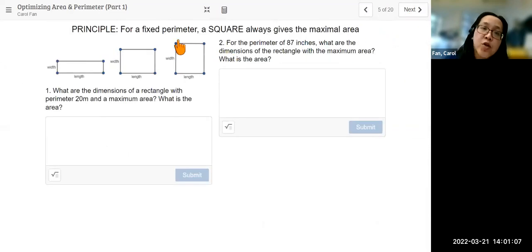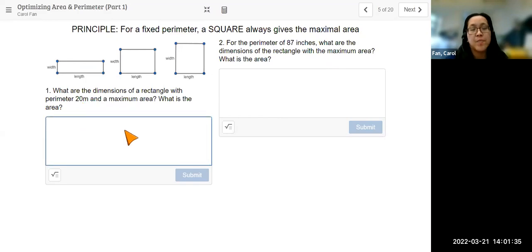Okay, so the conclusion that we can make from what we just talked about is that a square will always give us the maximal area. Now, if the square always gives us a maximal area, then we can use this principle to help us solve questions. So what are the dimensions of a rectangle with a perimeter of 20 meters and a maximum area?